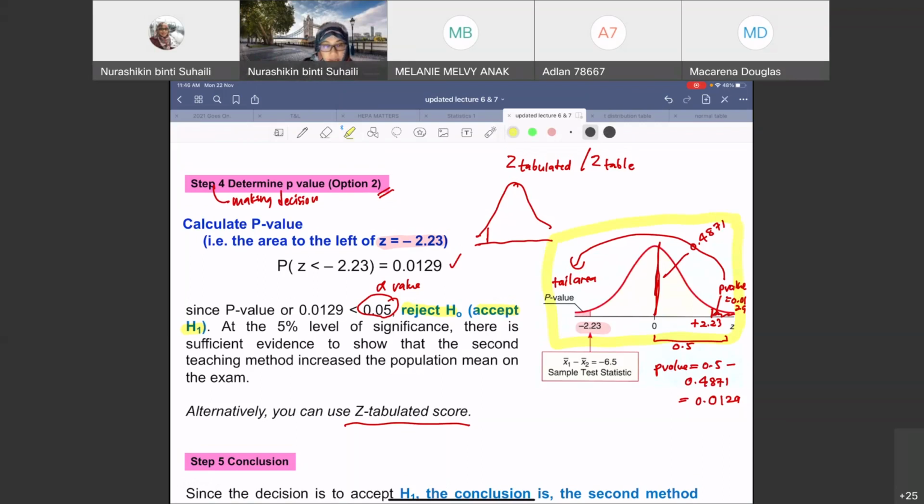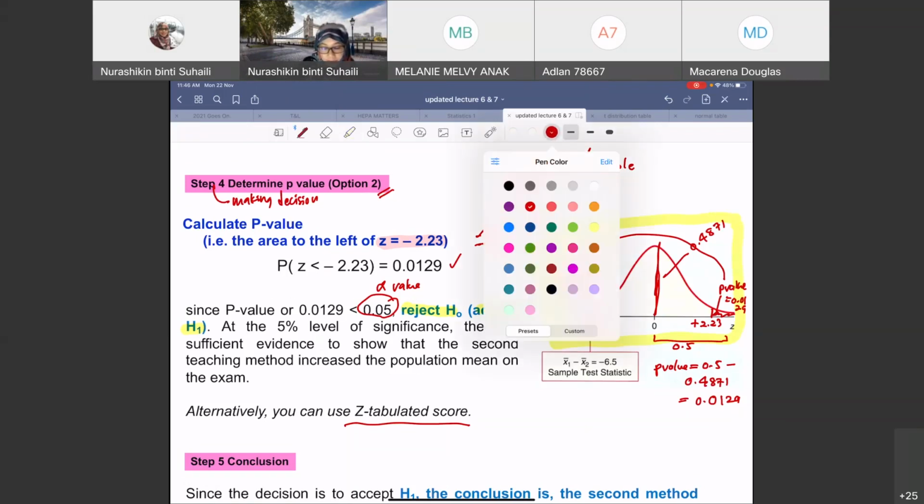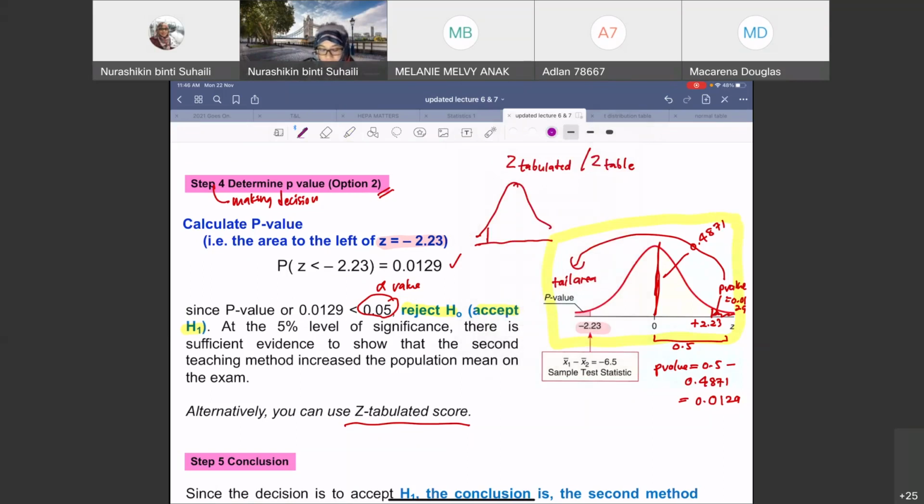If you want to find the T... if you want to find the Z tabulated, it means you have to find it from the table, relying on the 0.05 alpha.